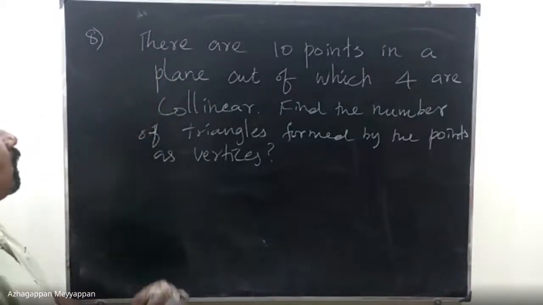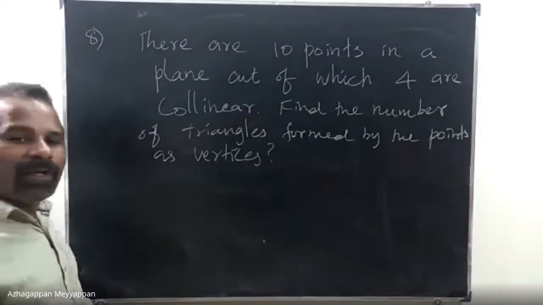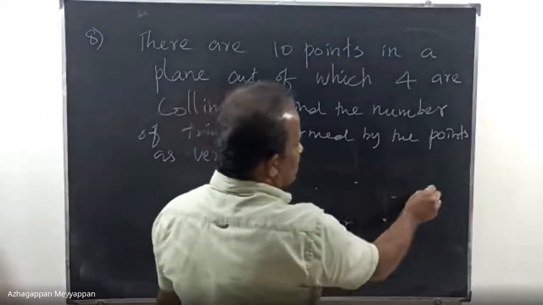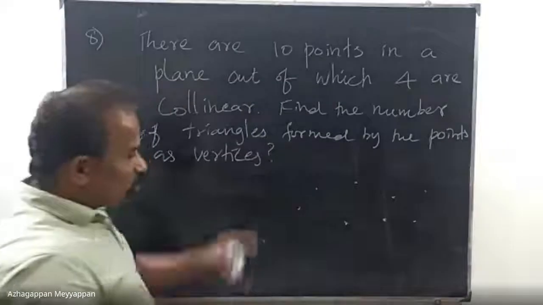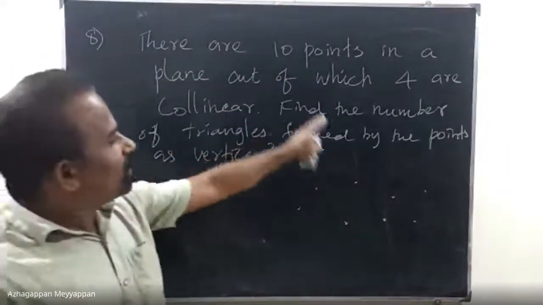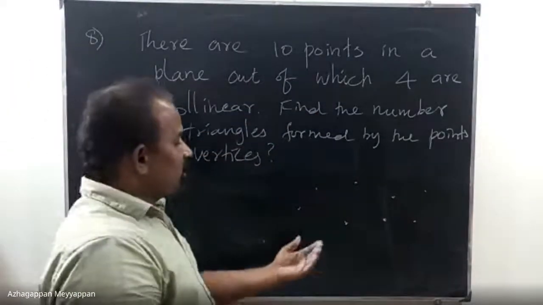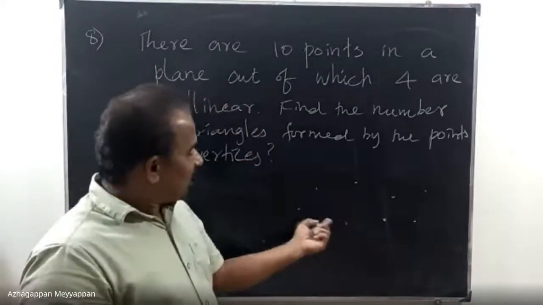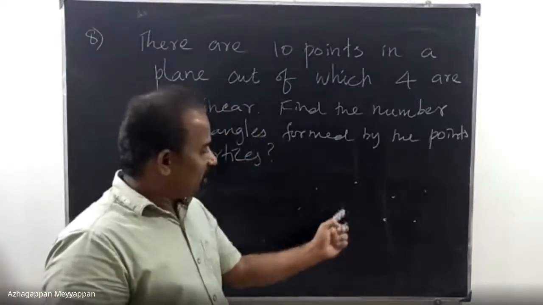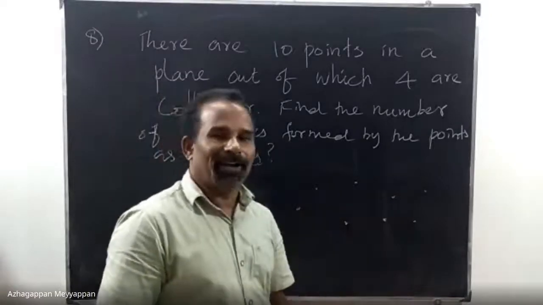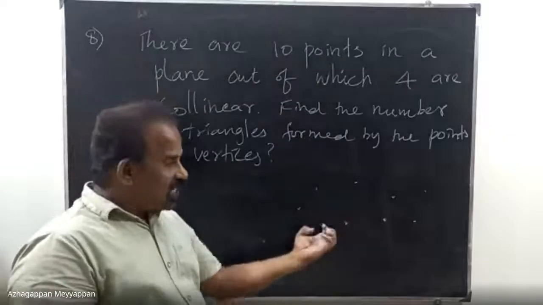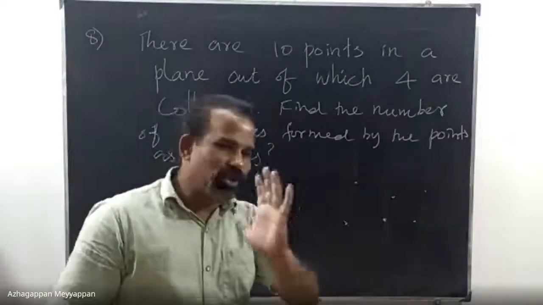Here, the board is a plane. Suppose we have 10 points here without any condition. How many triangles can we make? For each 3 points, we will have a triangle. So out of these 10 points, if we select 3 points, we get one triangle.